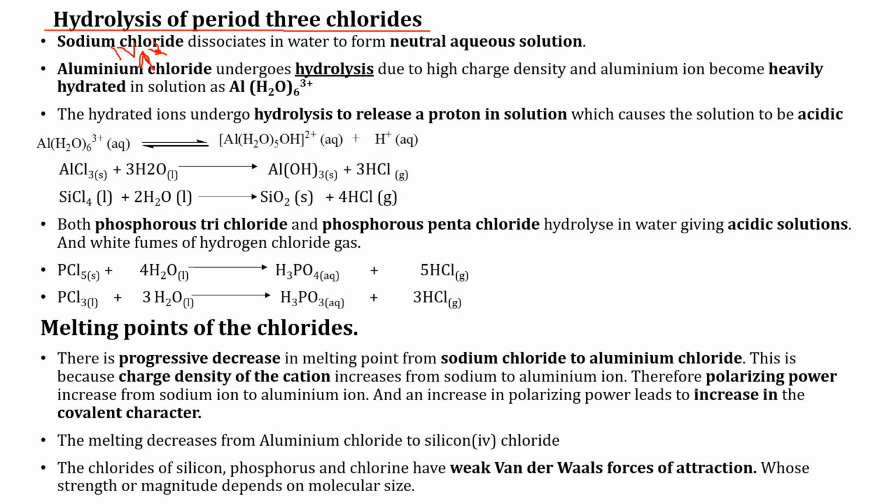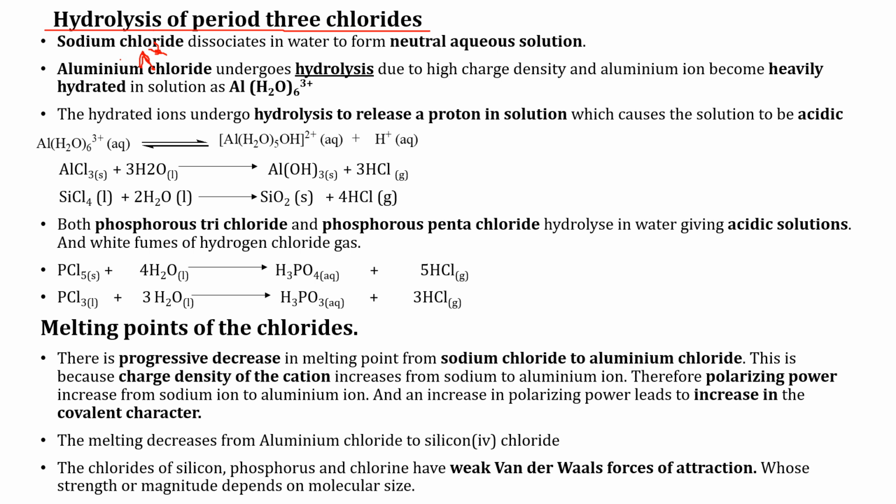So you find that sodium is forming a strong base and chloride ion is forming a strong acid, which is HCl. They neutralize each other and the solution remains neutral. That's why, to simplify it, we say that sodium chloride forms a neutral solution because it does not undergo salt hydrolysis. Now let's look at other elements like aluminium chloride.